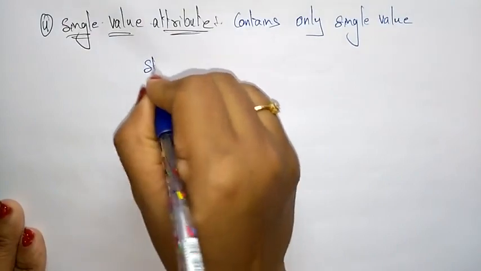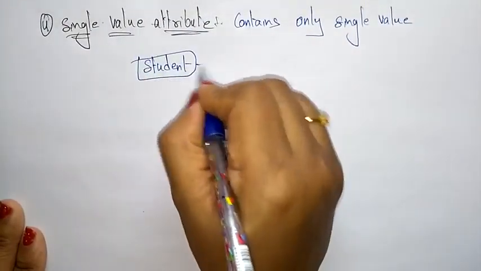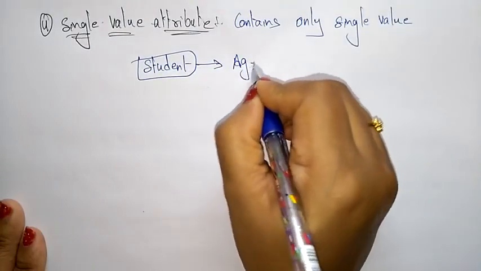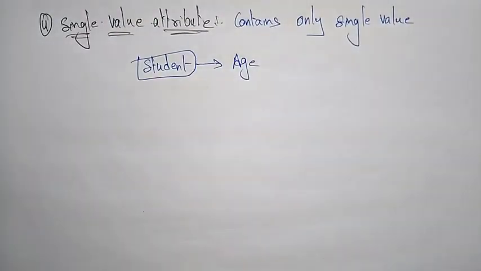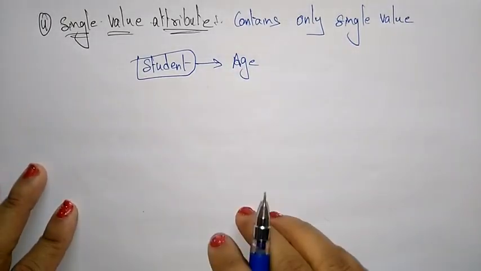Suppose you take a student: age is a single value. You don't have multiple ages, like 20 and at the same time 35. So it won't store multiple values, only a single value will be stored.